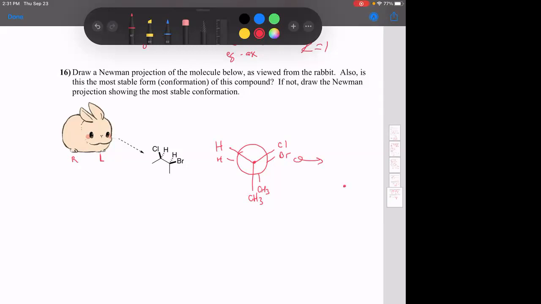And when I do that, my methyl goes from 6 o'clock essentially to 12 o'clock. Then my chlorine comes over here and my hydrogen over here. And I'm going to leave that back carbon alone. And there you go.